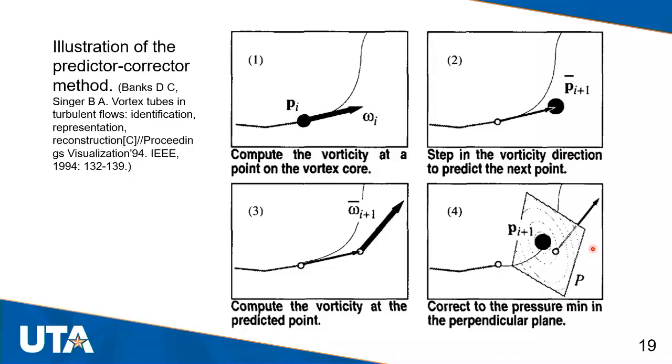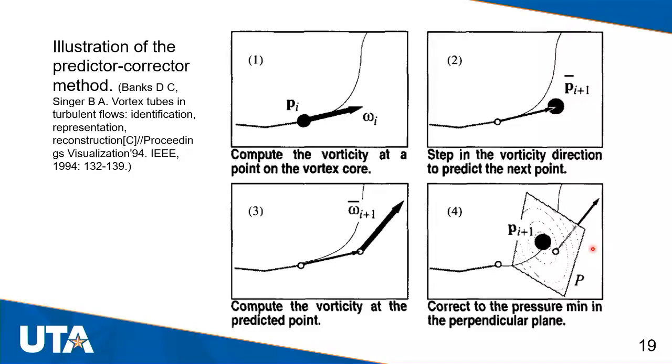That's the process to draw a Liutex line. And we also use the gradient line: we find the Liutex maximum in the plane. That makes use of the gradient feature, that the gradient converges to the maximum.